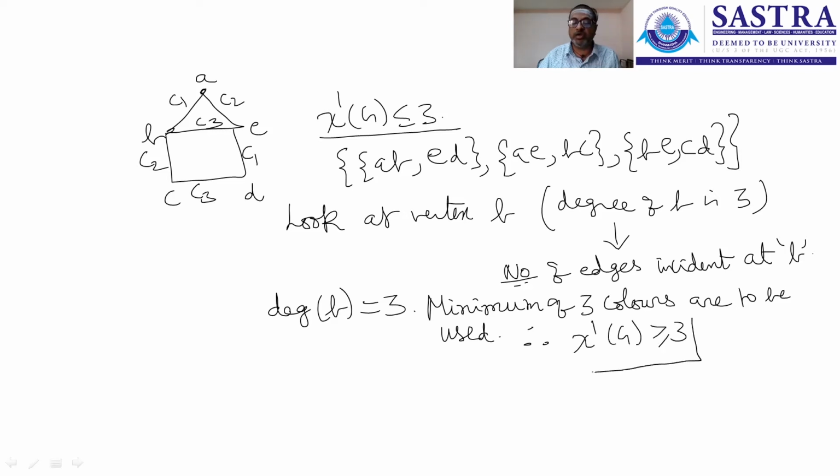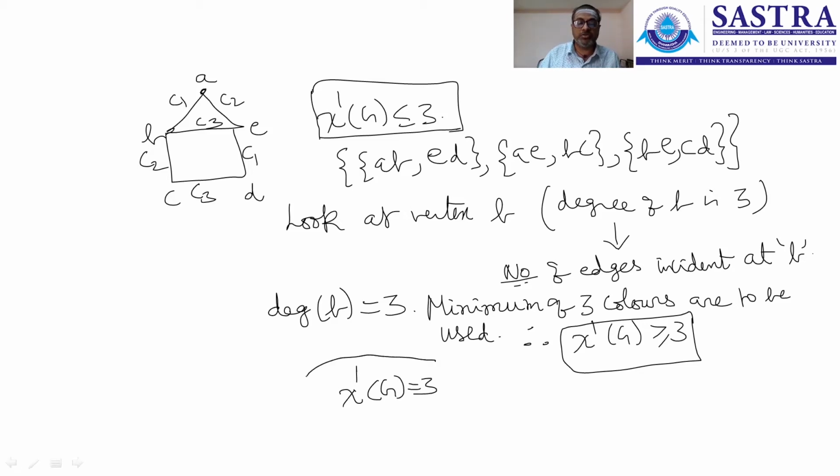Now I have chi dash of G greater than or equal to 3, and also chi dash of G less than or equal to 3, and from these two I can conclude that chi dash of G is equal to 3. So I have proved that I have to use a minimum of 3 colors to paint the edges of this particular graph.